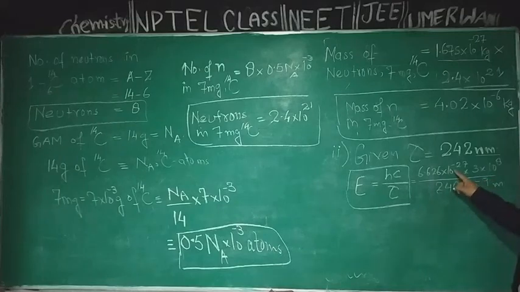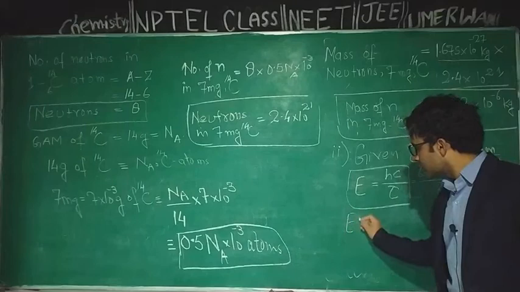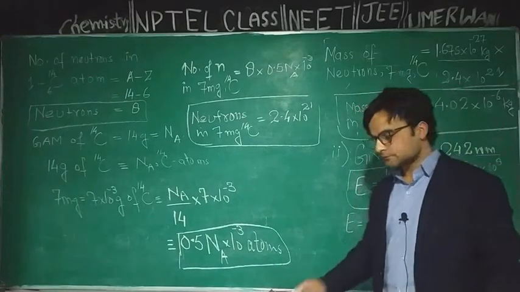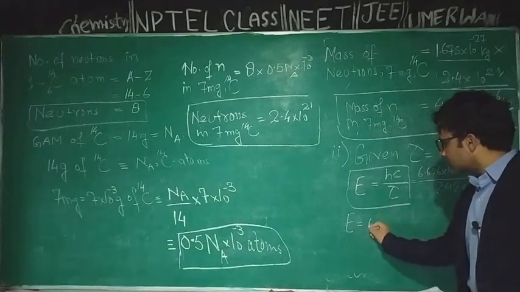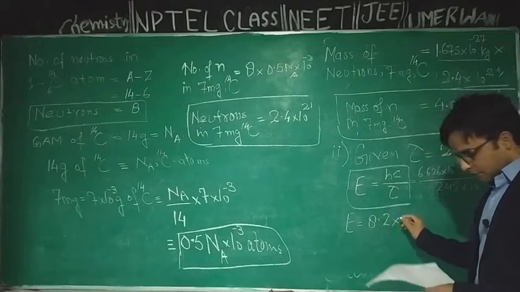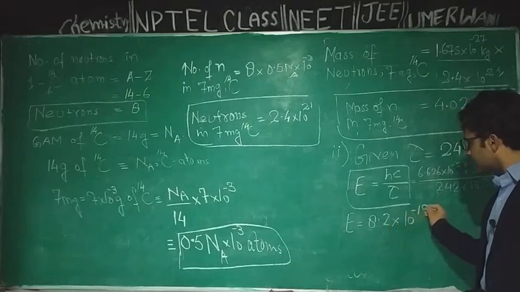Here joule second, meter per second, meter will cancel, second inverse, second will cancel, unit will be joule. And after evaluating these numbers, answer we get in scientific notation is 8.2 into 10 to the power minus 19 joules.